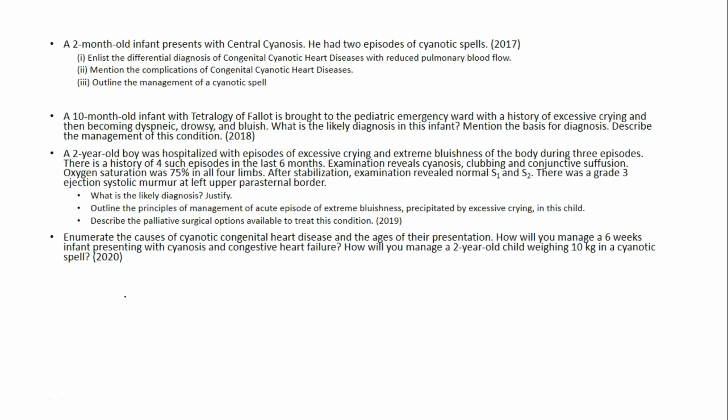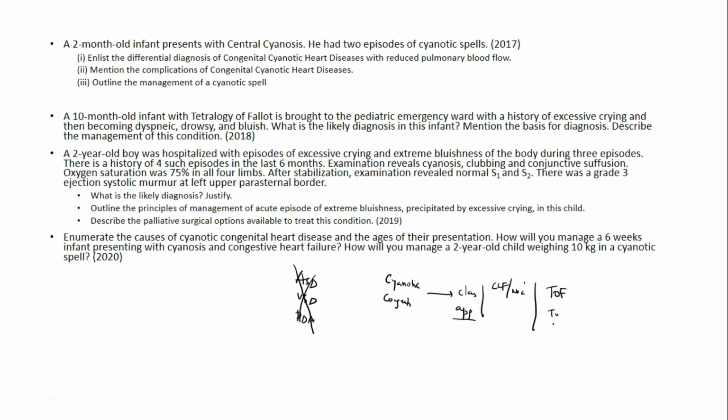Cyanotic congenital heart diseases. Please, there are students who are reading ASD, VSD, PDA. These are not in the syllabus. It is clearly given as cyanotic congenital heart disease. Now you have to understand the classification, the approach for cyanotic congenital heart disease, where you see CCF, where there is no CCF, and what the conditions are apart from TOF.